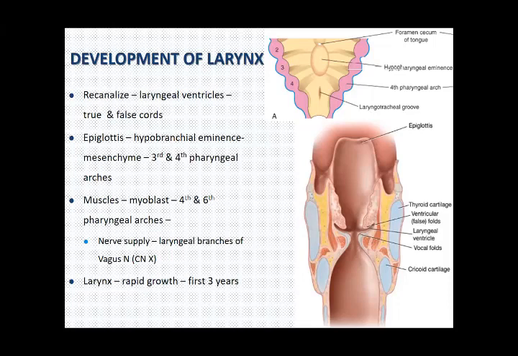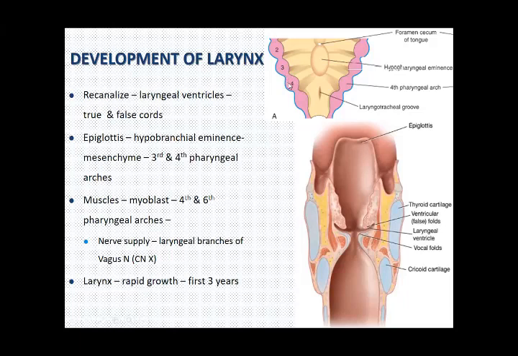अब ये since the muscles develop from fourth and sixth arch, every pharyngeal arch, we're going to do that later on. Every pharyngeal arch has its own nerve supply, has its own blood supply. Okay? And the nerve supply comes from cranial nerves.